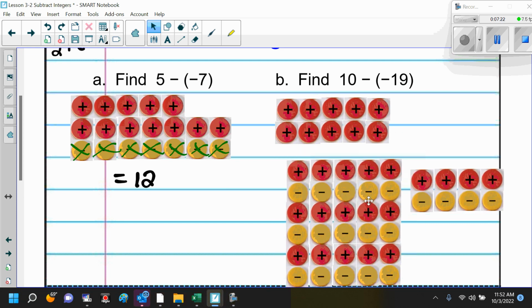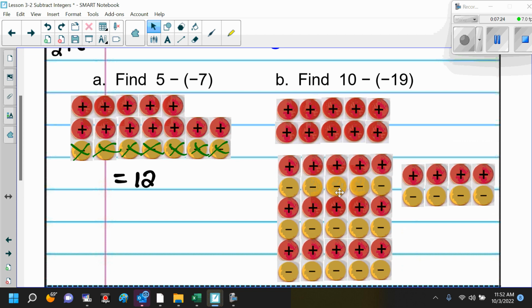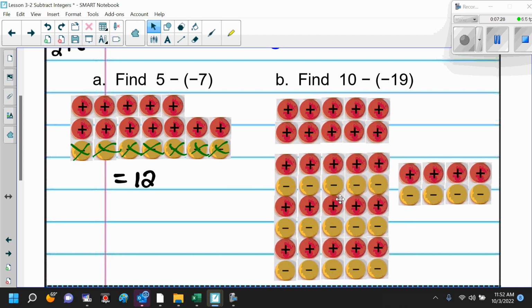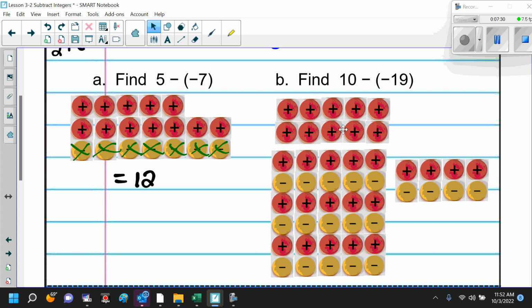So what is this whole thing equal to? This whole thing that I'm shaking right there is equal to 0. Does it change the 10 yet? No, it doesn't change the 10. So now, do I have negatives to take away? Yeah, now I can take away the 19 negatives. So here, I'm going to take these out.